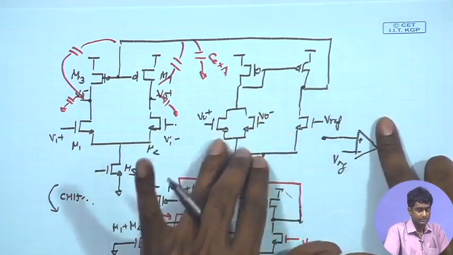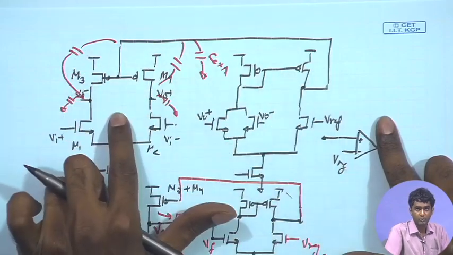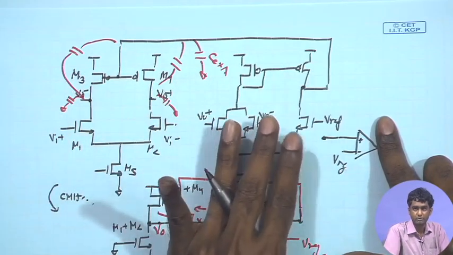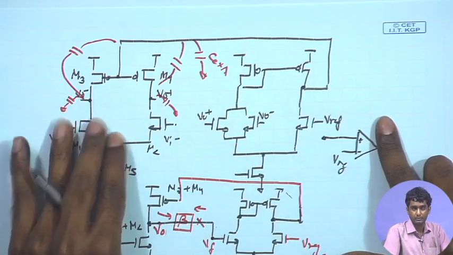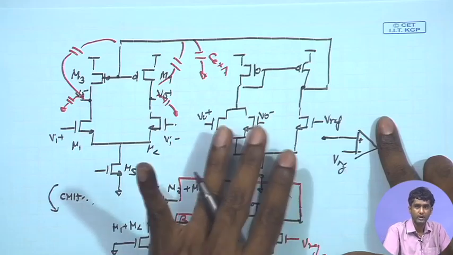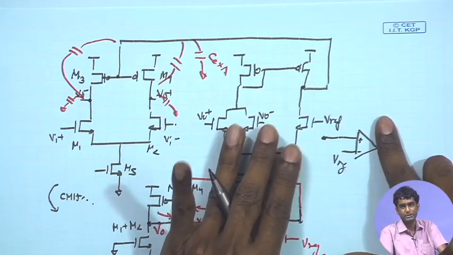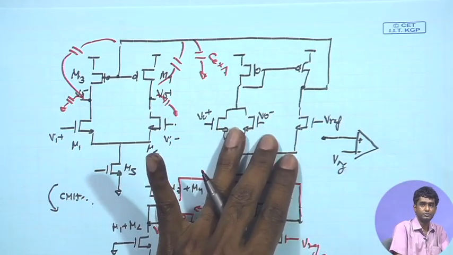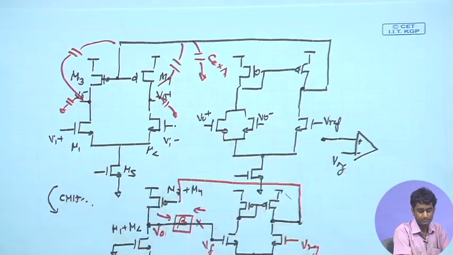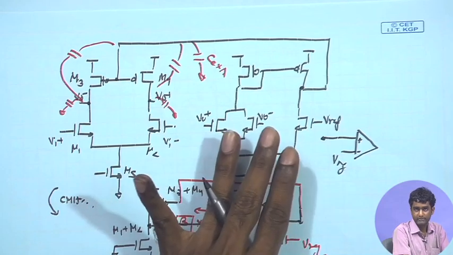There may be applications where we need to track common mode signals as well, and in that case it may become important to keep the bandwidth of this common mode feedback close to the main amplifier, so that it can track the common mode signal as well. So, that depends upon the requirement. Here we are assuming that the purpose of this auxiliary amplifier is just to establish a DC point, and therefore, we may not worry about its bandwidth or speed.